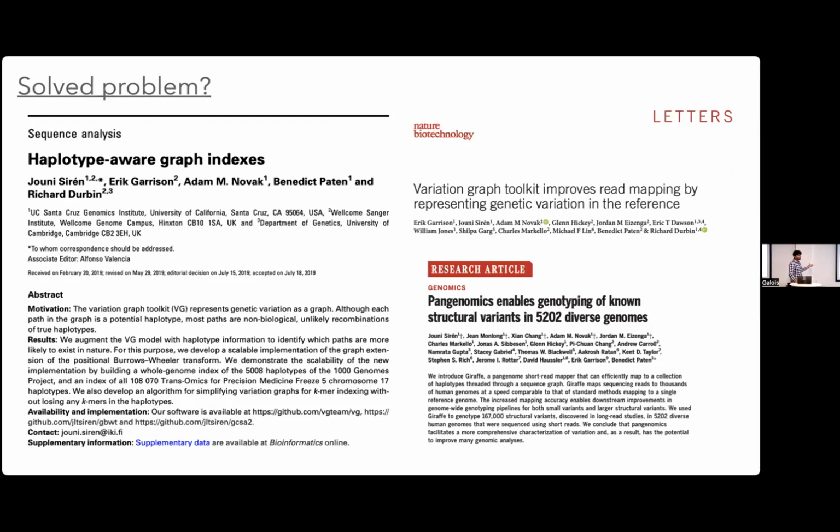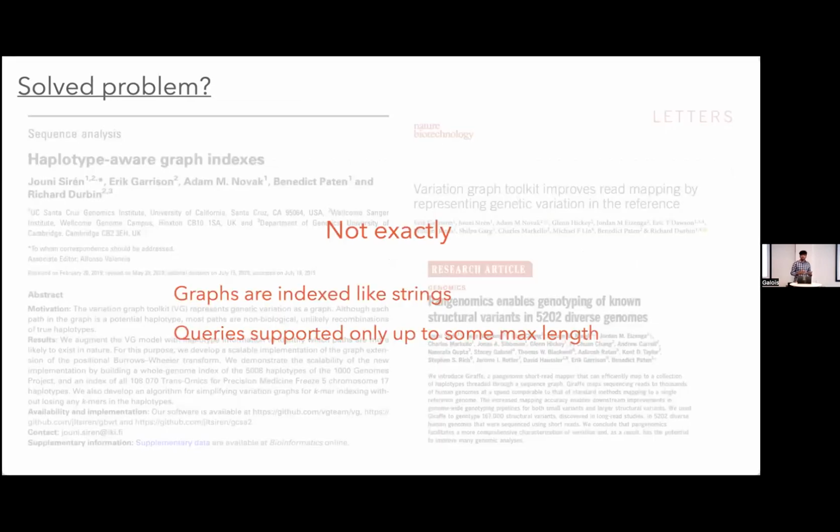Now, if this problem is so important in genomics, you might then expect, well, hasn't it been solved already? And indeed, there is software VG by Yoni Siren, Erik Garrison, and others that aligns reads to graphs, but I would say it solves this problem incompletely because it indexes graphs like they're strings.